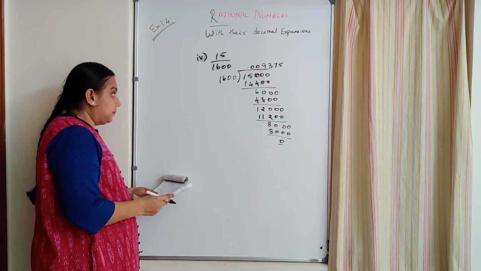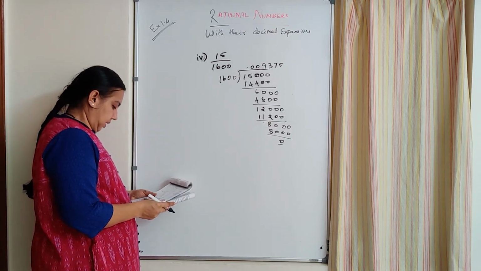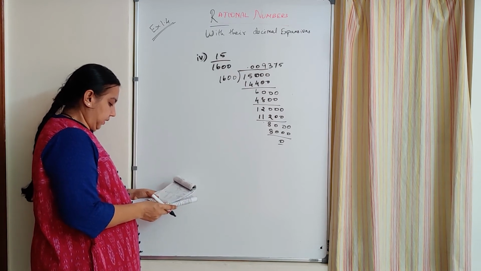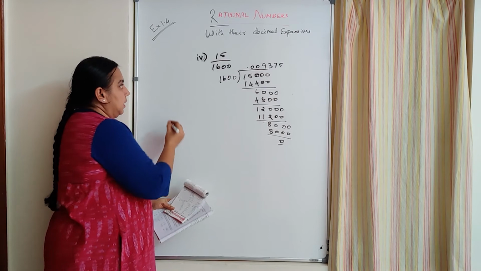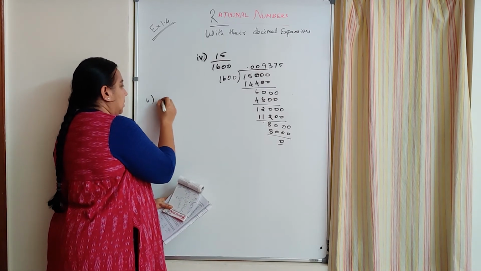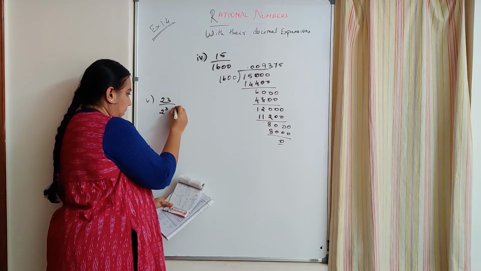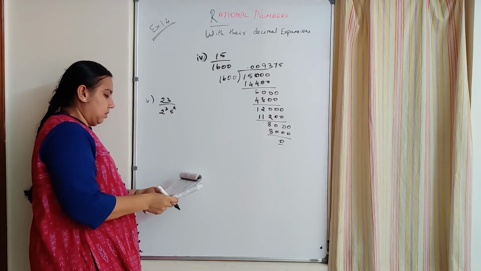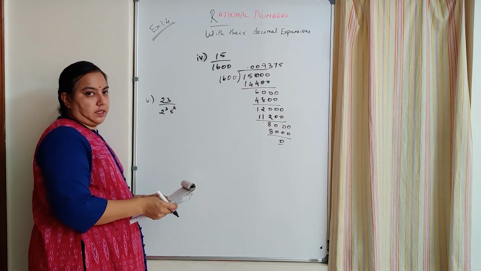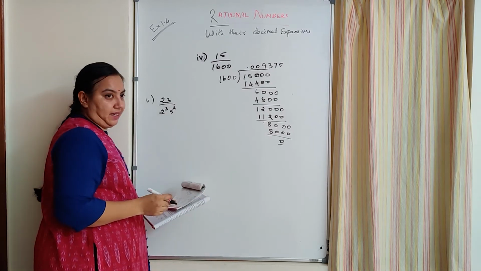The next sum is 23 by 2 power 3, 5 power 2. Okay, during the earlier sum it was easy when they are given directly like this.